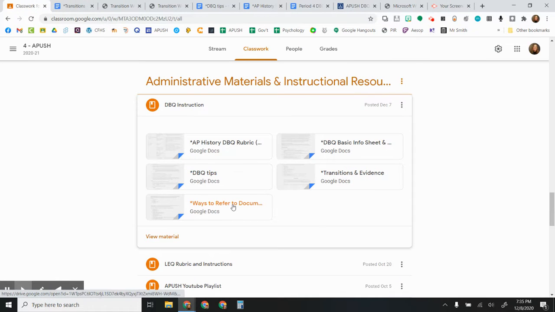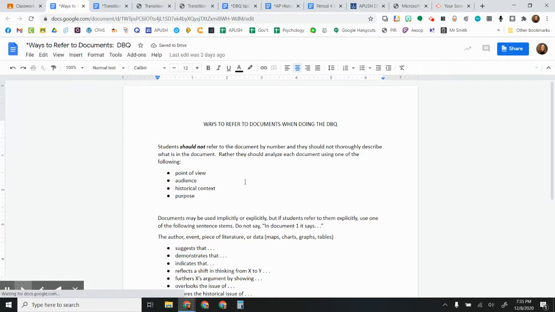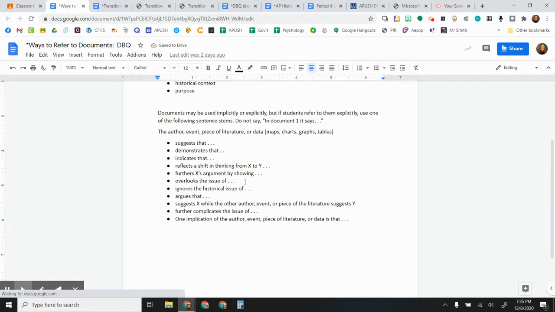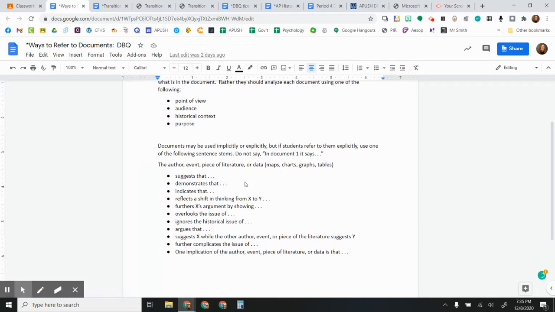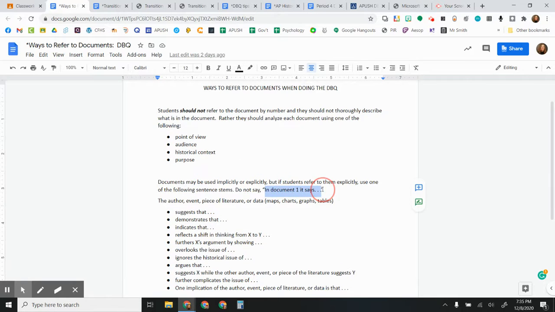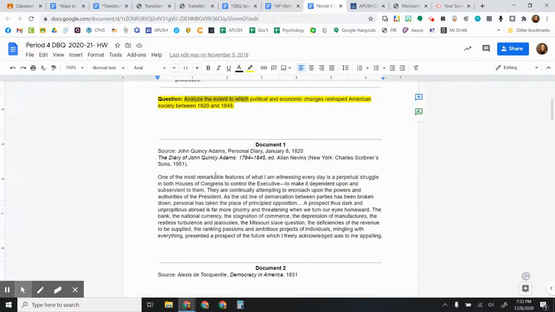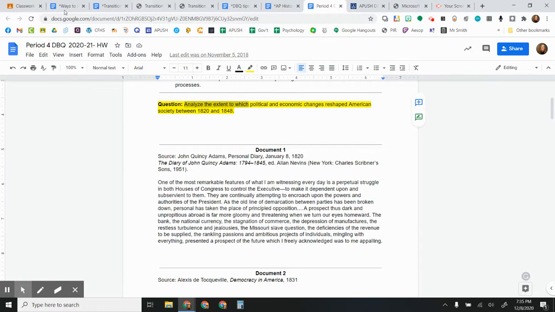The other thing to show you, finally, is the ways to refer to documents. It says here, documents may be used implicitly or explicitly. So you don't want to say in document 1, it says. Instead, and let's go back and say that it is that John Quincy Adams one.